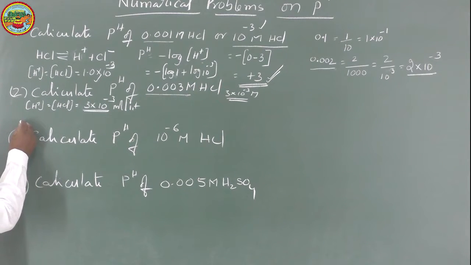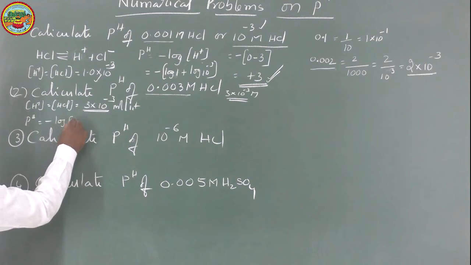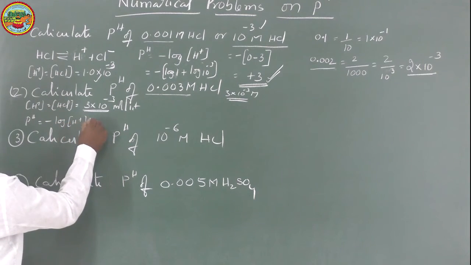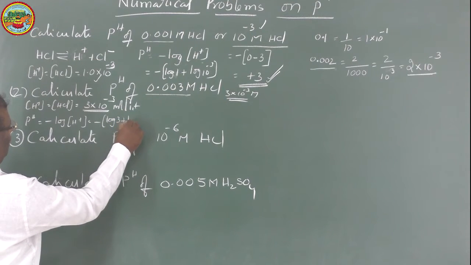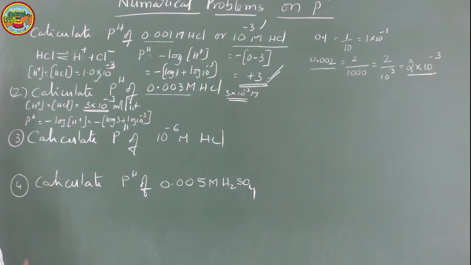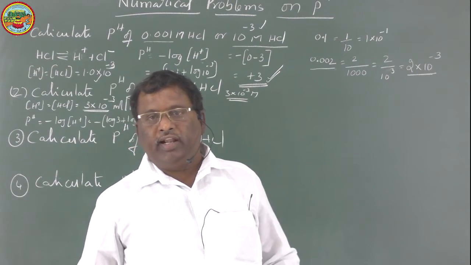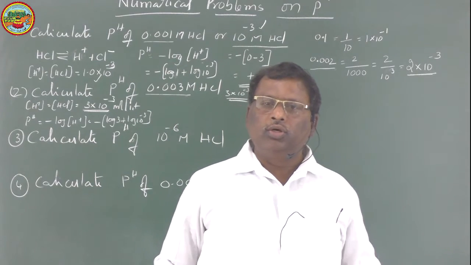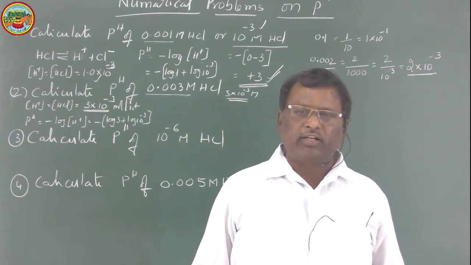Now, pH is equal to minus log concentration of H plus. That is equal to minus of log 3 plus log 10 to the power minus 3. How to convert numerical values into logarithmic values, and how to convert log values back into normal numerical values, I have explained in the states of matter topic.